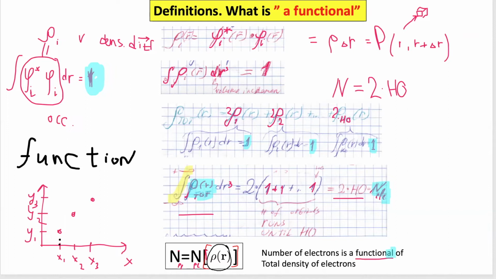For a function we get from one number another number, and here we start already with a function, and as a result we get a number.